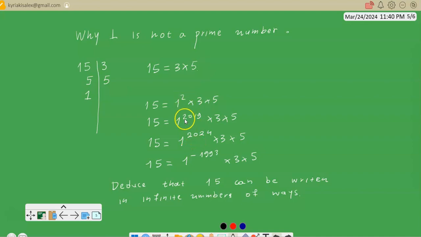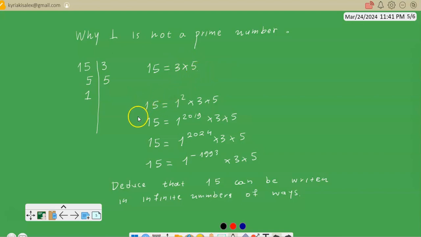1 to the power of 2019 times 3 times 5 gives me 15. 1 to the power of 2024 times 3 times 5 gives me 15. So this violates the general principle that we know, that when we have a positive integer, we can only represent it in a unique way as a product of prime numbers in index form.